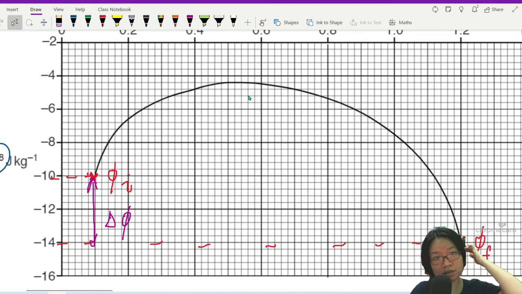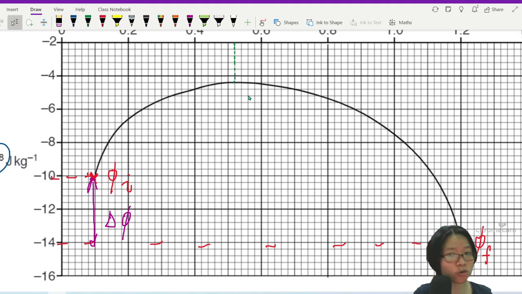Let's see, here, maybe here? Okay, let's say it's this point now. So this point is the turning point. I'm not sure whether the speed is 0 here, because when we travel from here to here, the speed decreases.